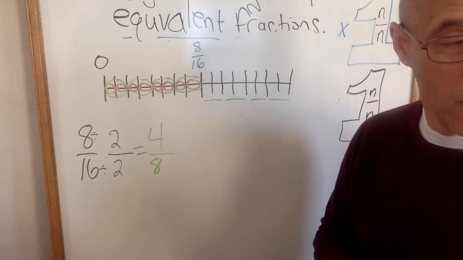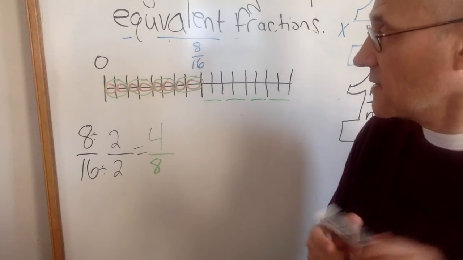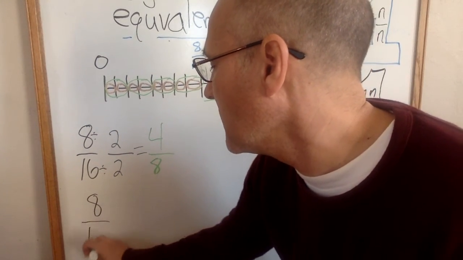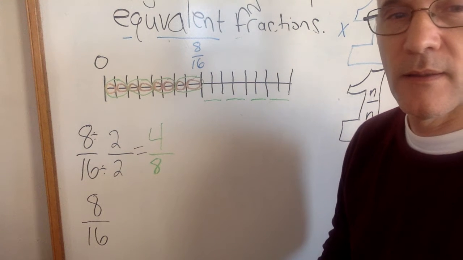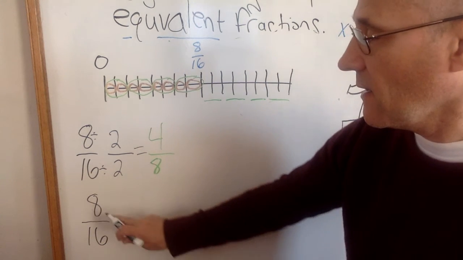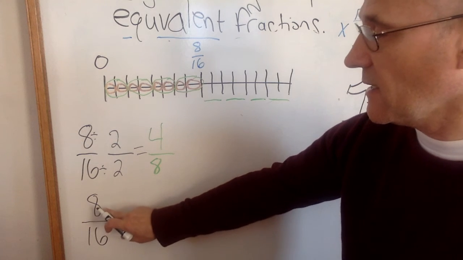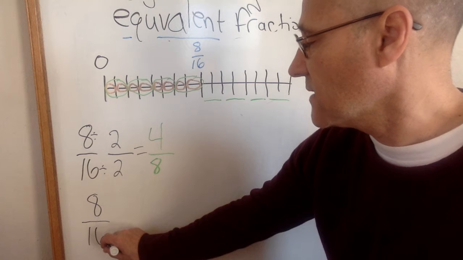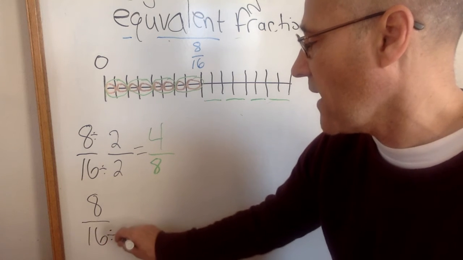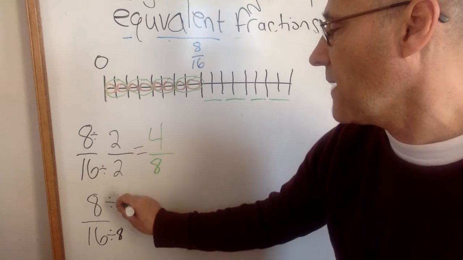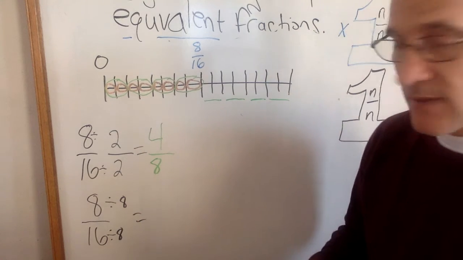Now, what else could my 8 and 16 have been divided by? 8 and 16. Wait a minute. 16 is a multiple of 8. I can divide 16 evenly by 8. And I can divide 8 evenly by 8.